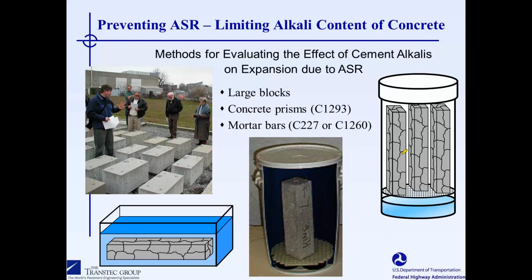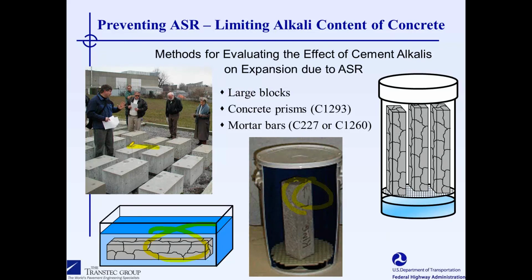I think for those of you who attended last week, and hopefully most of you did, one of the things we learned last week is that our current test methods that we're relying upon, like the concrete prism test here and the accelerated mortar bar test here, are not really effective means for establishing what the minimum level of alkali is that's required to establish ASR with a given aggregate.